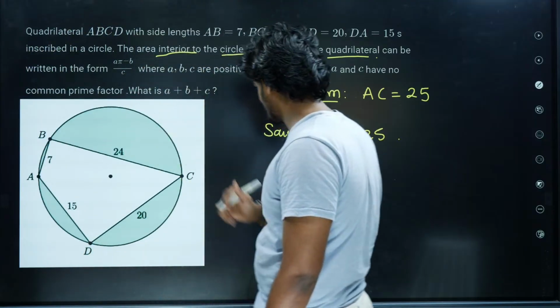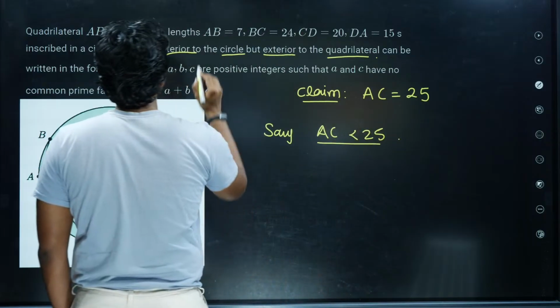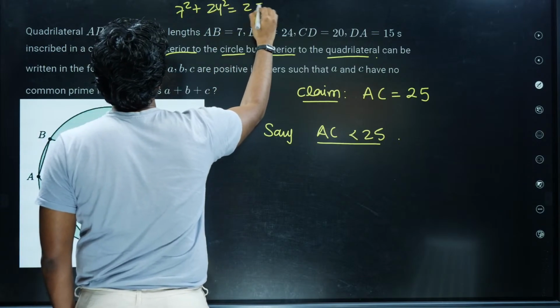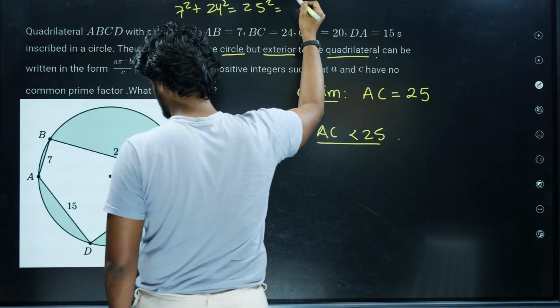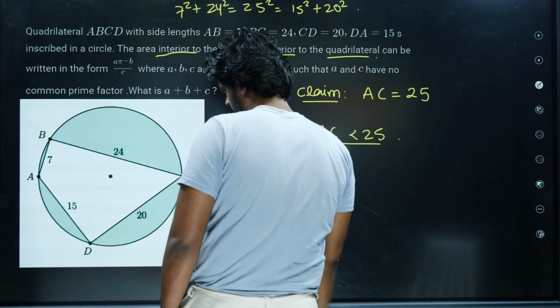We have to think. If AC is less than 25, we know that first of all 7 square plus 24 square is equal to 25 square, which is also 15 square plus 20 square. Okay.